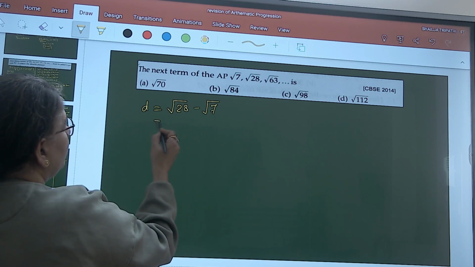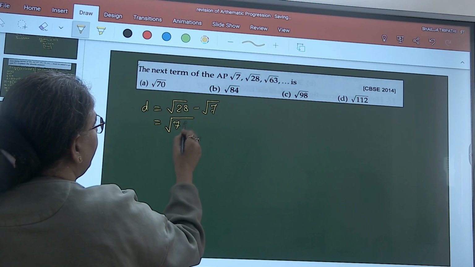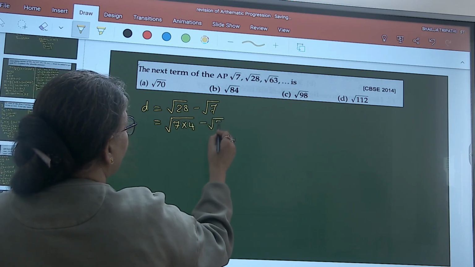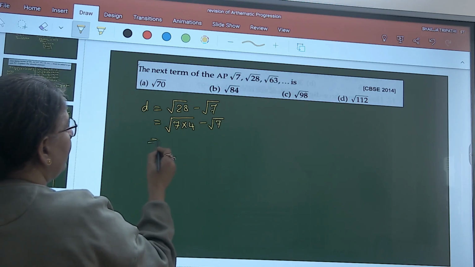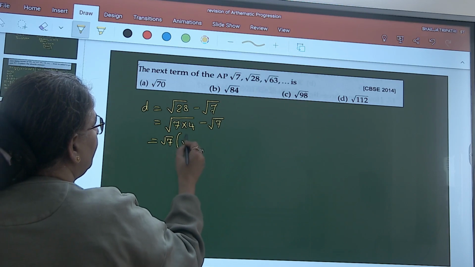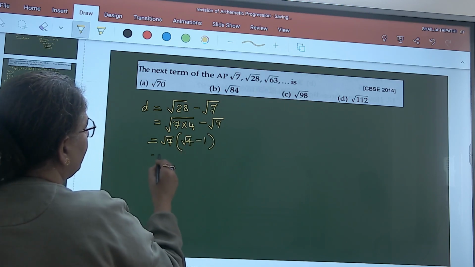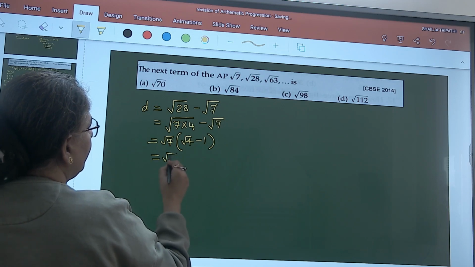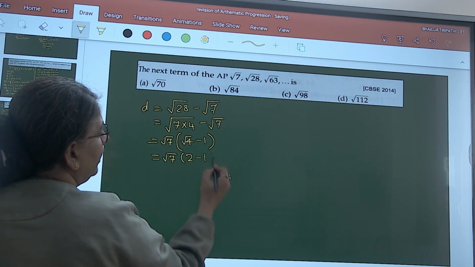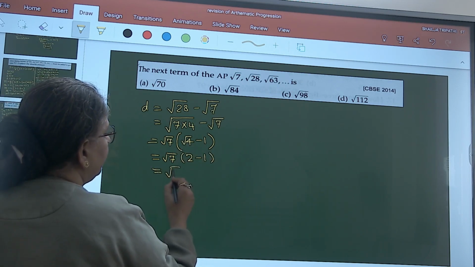So, root 28 can be written as root 7 into 4 minus root 7. Take out root 7 and we are left with root 4 minus 1. Root 4 is nothing but 2, minus 1, and we get common difference root 7.